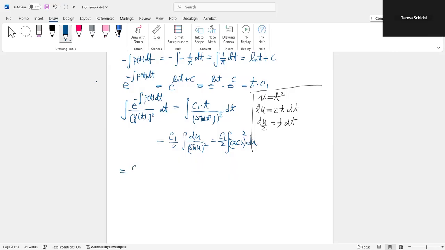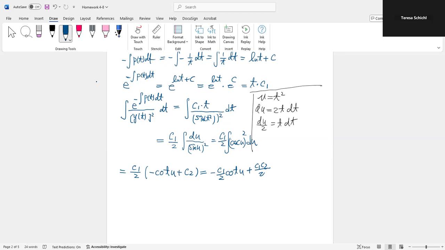So this will be c1 over 2 times the integral of cosecant squared, which I know is negative cotangent u, plus c2. Multiplying that out, this will be negative c1 over 2 cotangent u plus c1 c2 over 2.